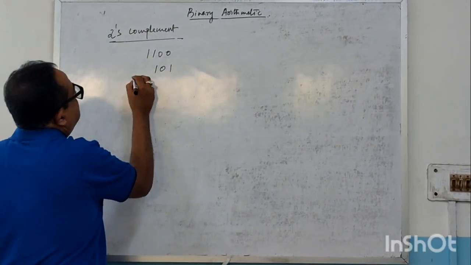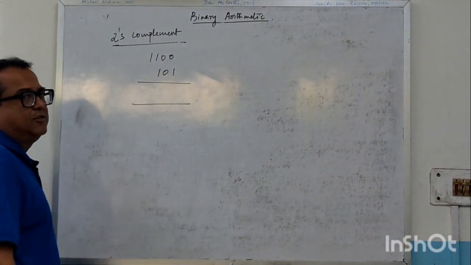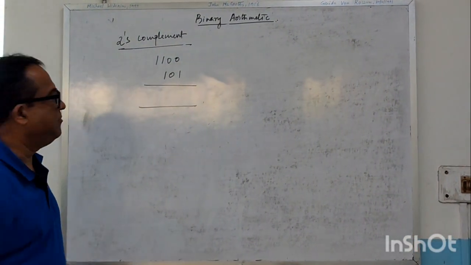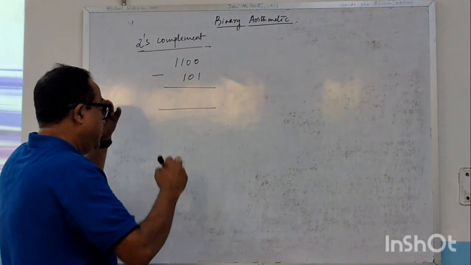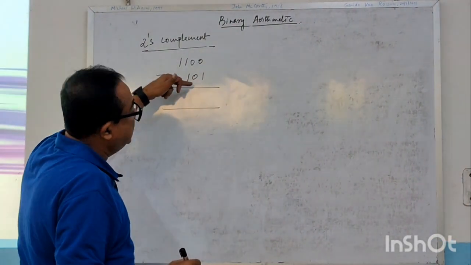Now, suppose I need to do this. Okay, I take a different number. I need to minus 1 1 0 0 minus 1 0.